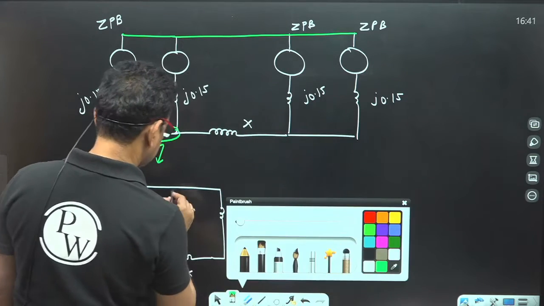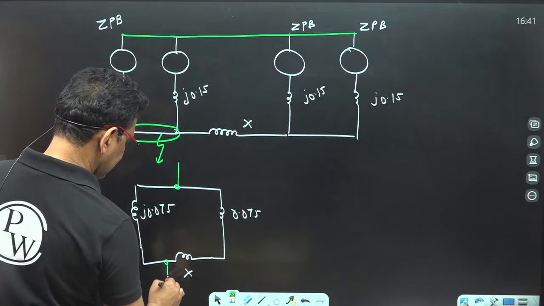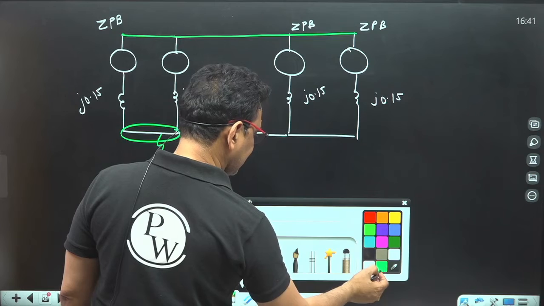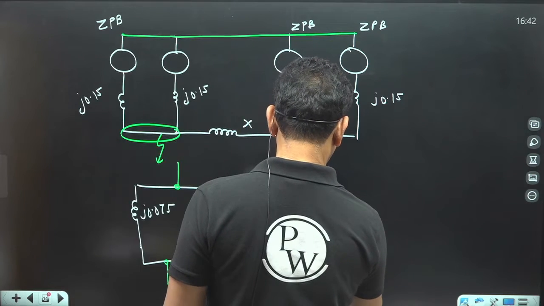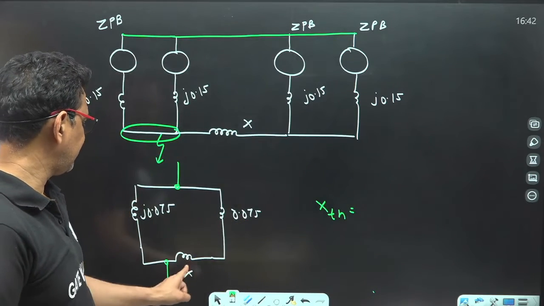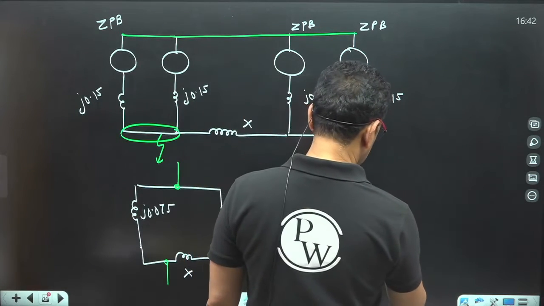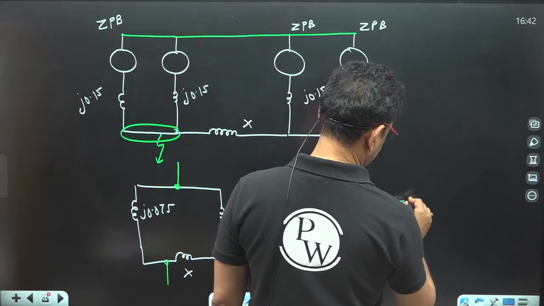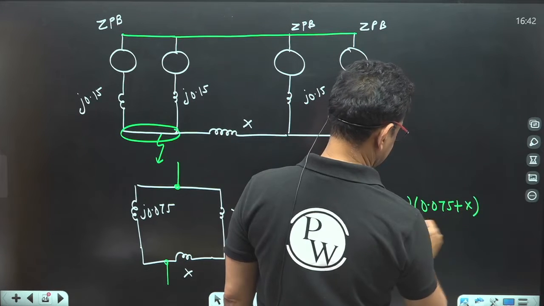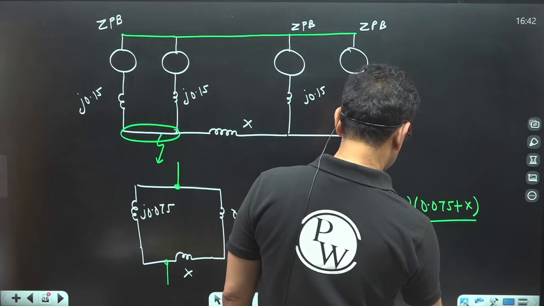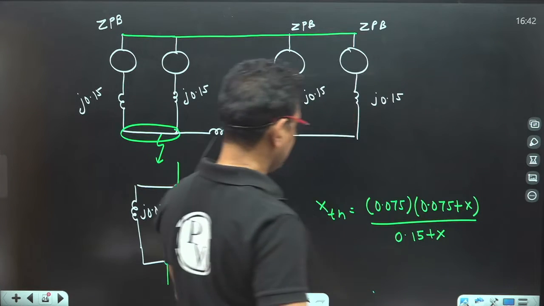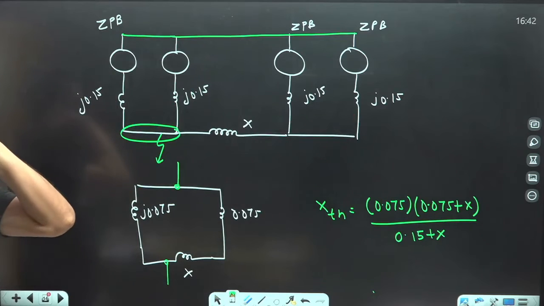Now between this location and this location, the Thevenin equivalent reactance XTH, 0.075 and X are connected together. So 0.075 plus X. Sum of these two, 0.15 plus X. This is the Thevenin equivalent reactance.